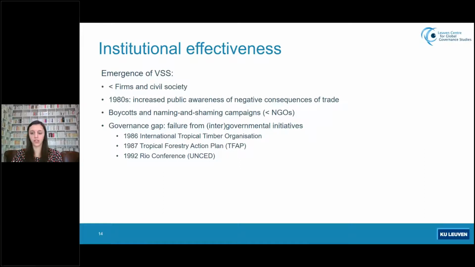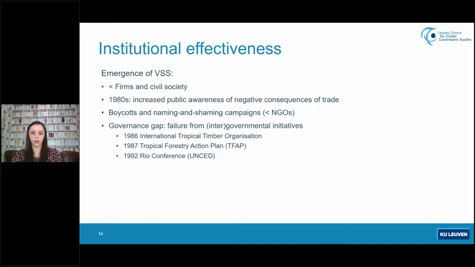In response, NGOs conducted naming and shaming campaigns as well, in addition to the boycotts against these tropical wood companies. The forestry sector is, of course, just one specific case, but public awareness rose for other sectors as well.